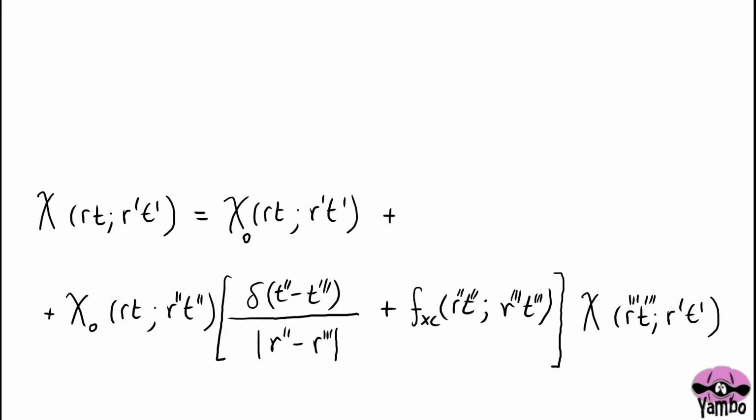So finally we can rewrite it to obtain a Dyson-like equation that links the time-dependent density functional theory response, or, if we set the exchange and correlation kernel to zero, the time-dependent Hartree response, with the independent particle response.